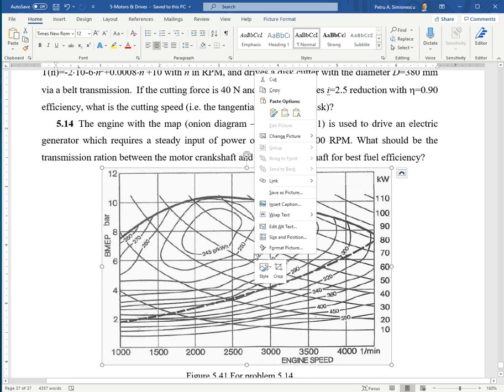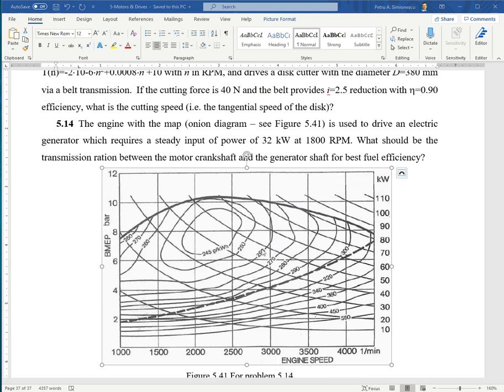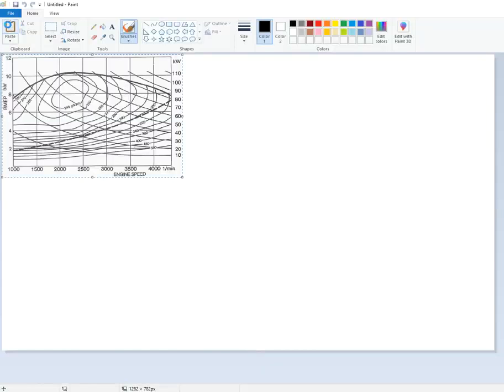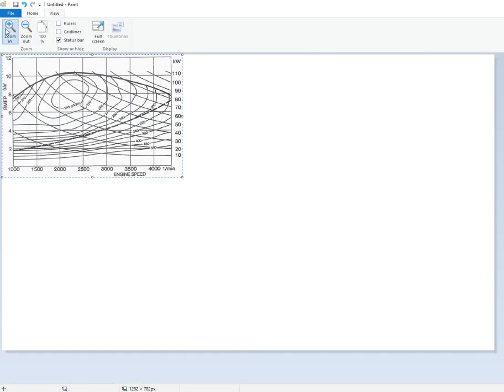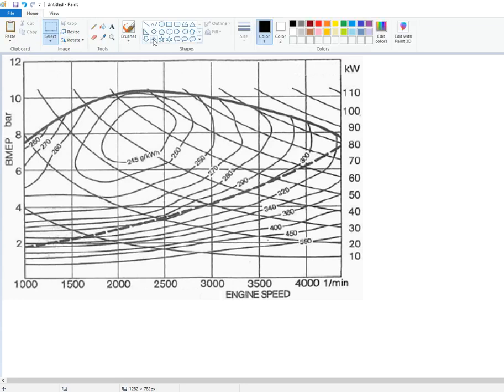I could take this, copy it and paste it into Paint, and let's use color or maybe the pencil. So I have 35, 32. This could very well be the 32 constant power hyperbola.